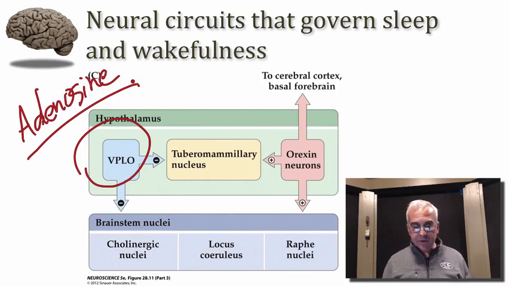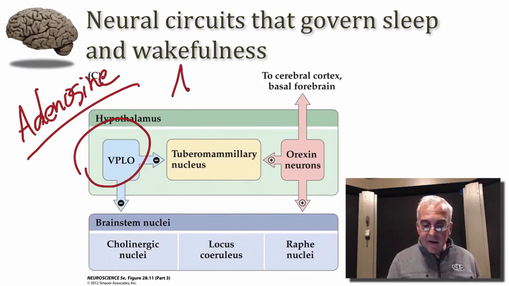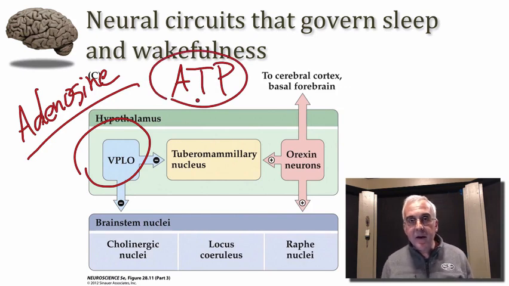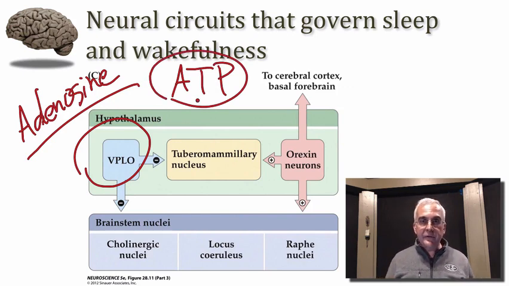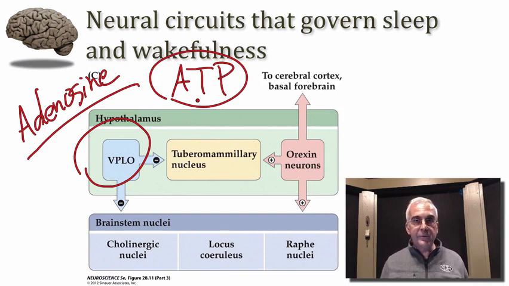Of course, as you know, adenosine is the A in ATP, adenosine triphosphate, which is the main molecule that carries energy in our brain cells. So as that phosphate group is cleaved, energy is released, and that energy can be used to support a whole host of metabolic function within brain cells.